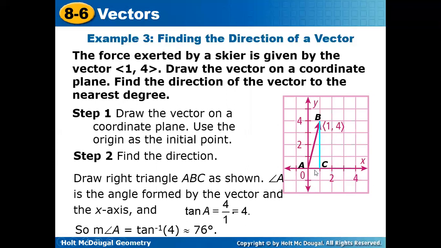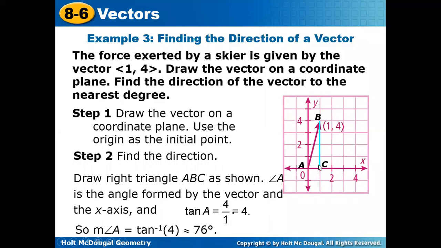We studied how to find this angle in the previous lesson by using the tangent of angle A, which is opposite over adjacent. The opposite here is BC and the adjacent is AC. So tan A is equal to BC over AC, which is 4 over 1.